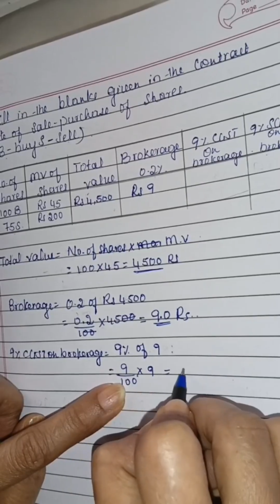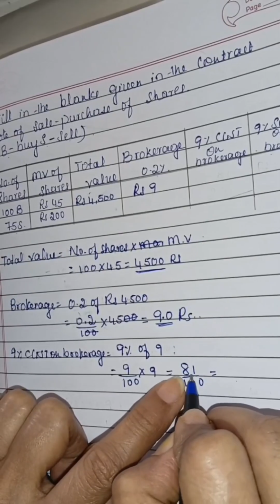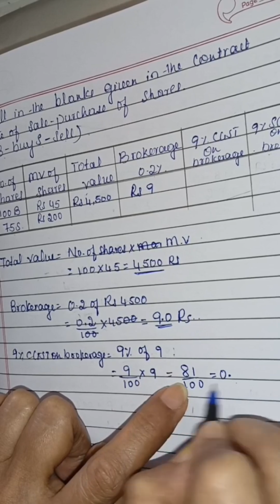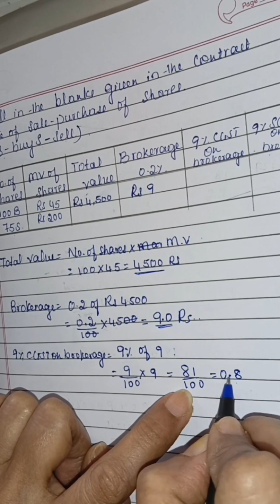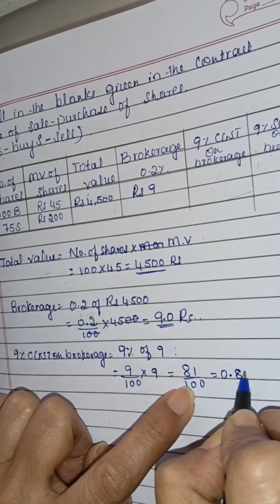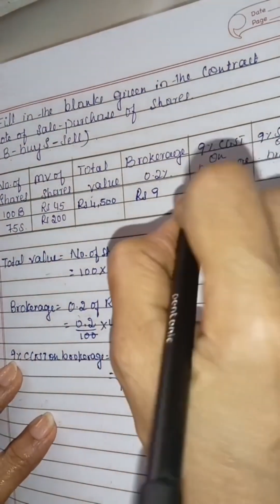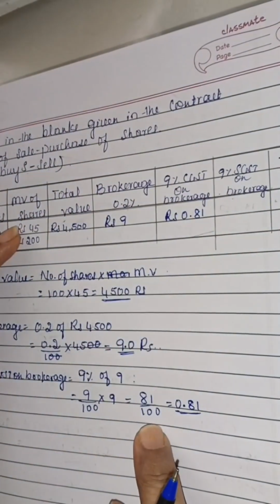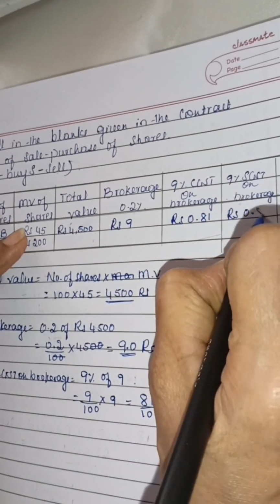So 9 nines are 81 divided by 100. That is 0.81 rupees. When CGST is 0.81, SGST is also 0.81 rupees, that we know.